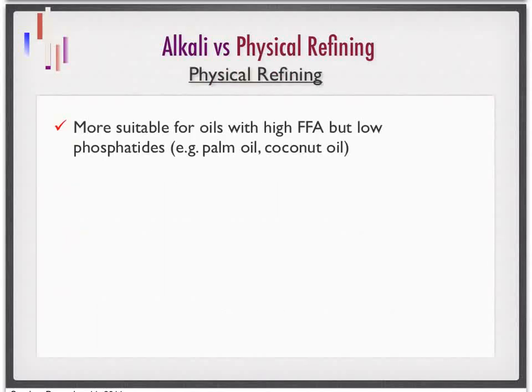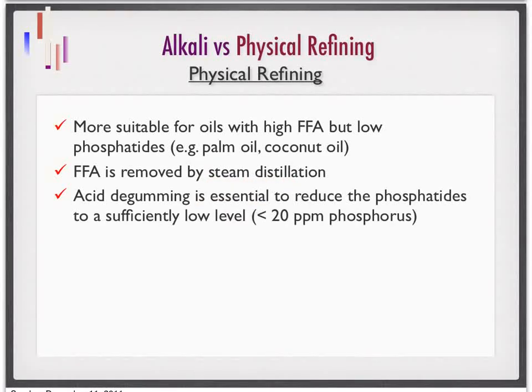Okay, now let's look at physical refining. Physical refining is in general more suitable for oils with a high amount of free fatty acid but relatively low content of phosphatides. So our palm oil actually meets this criterion, and also coconut oil. Free fatty acids are generally very volatile and can be removed by doing a steam distillation.